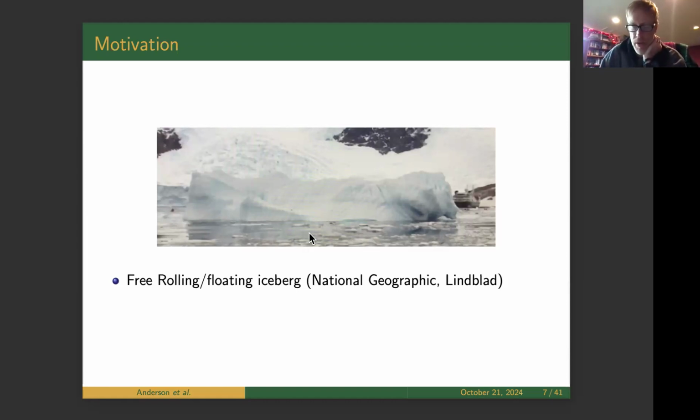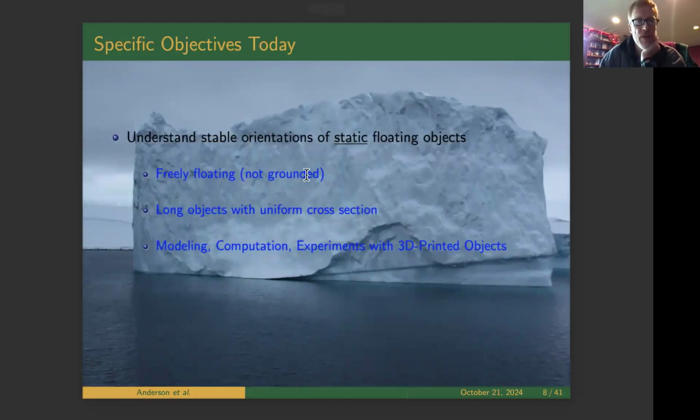All right, so with that in mind, what I'll try to describe today, maybe not quite as bold as some of those objectives, is static floating objects, freely floating, but not grounded.